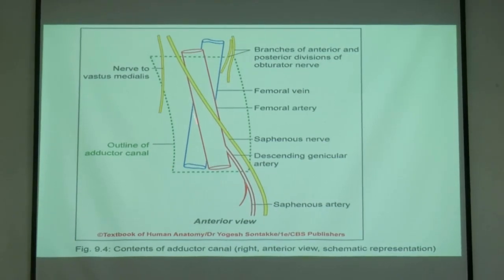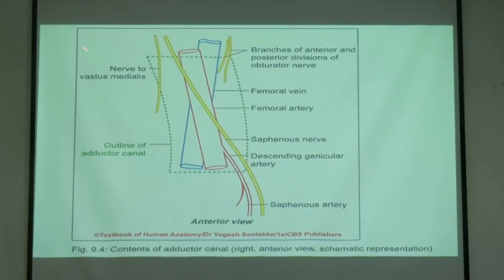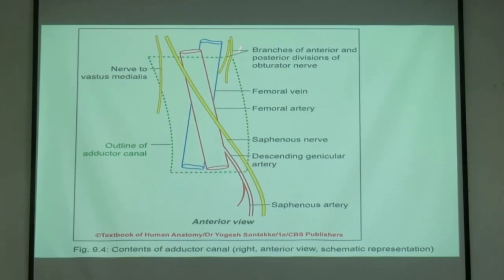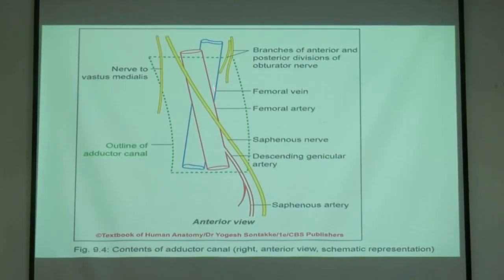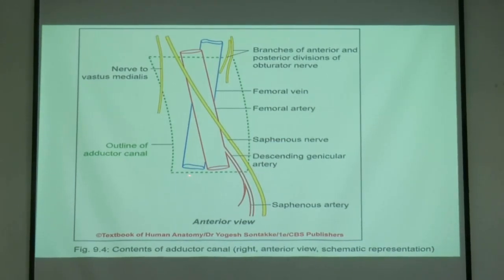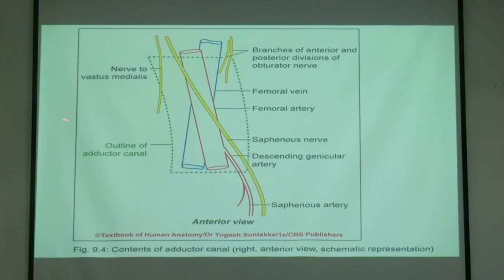In the lower part, see, this saphenous nerve is crossing the artery from lateral to medial aspect on the superficial side, and the vein is going from medial to lateral aspect of the artery. So this crossing you have to note, okay.